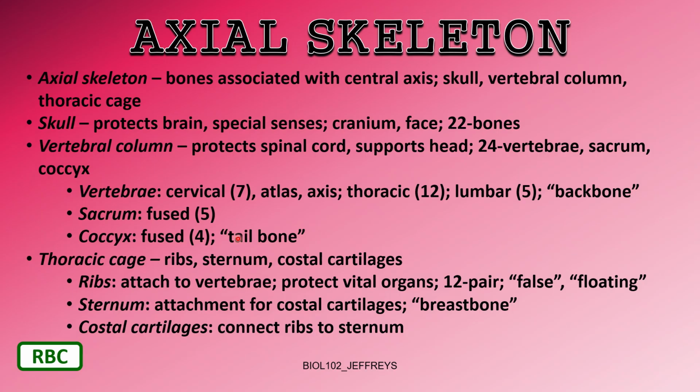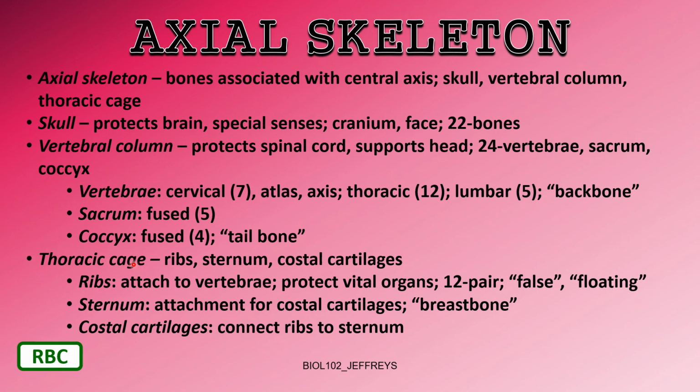That's often referred to as the tailbone because it's the root of the tail of primates. Of course, the tailbone in humans is a vestigial structure, but we still refer to it as the tailbone.